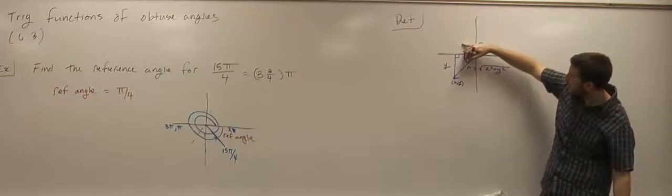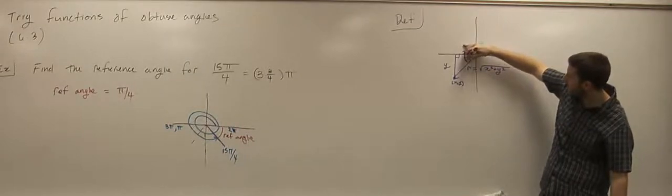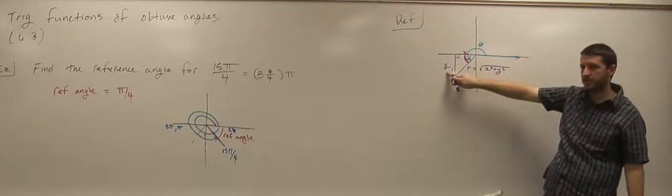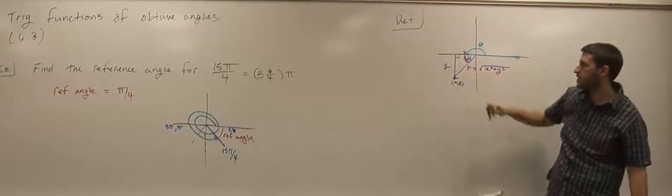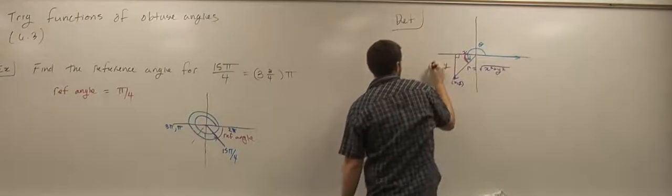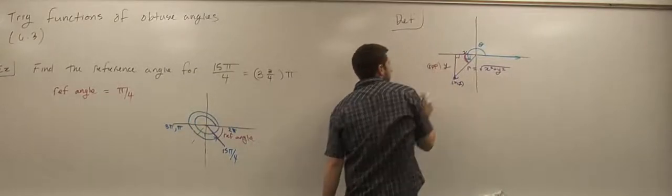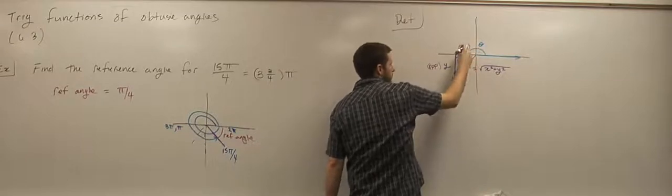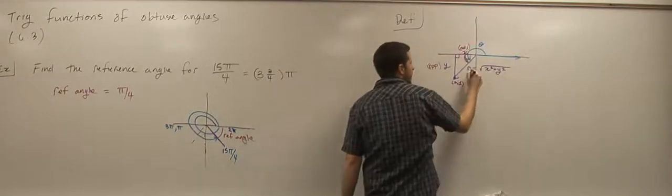So what you want to keep in mind is that in relation to this reference angle here, y is the same as opposite, right? Because it's opposite from the reference angle. And x is the same as adjacent. It touches the reference. And r is the same as hypotenuse.